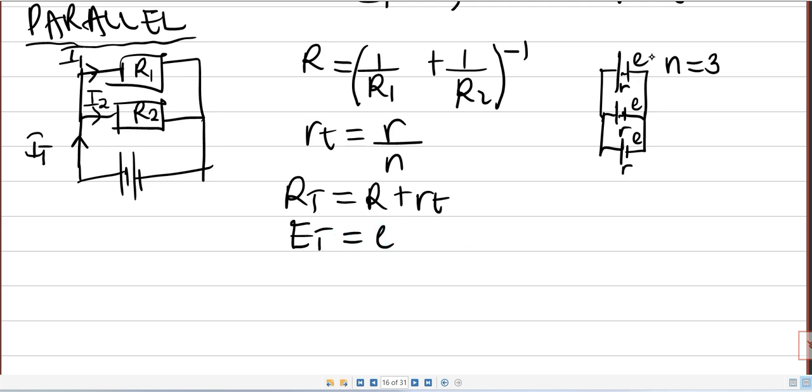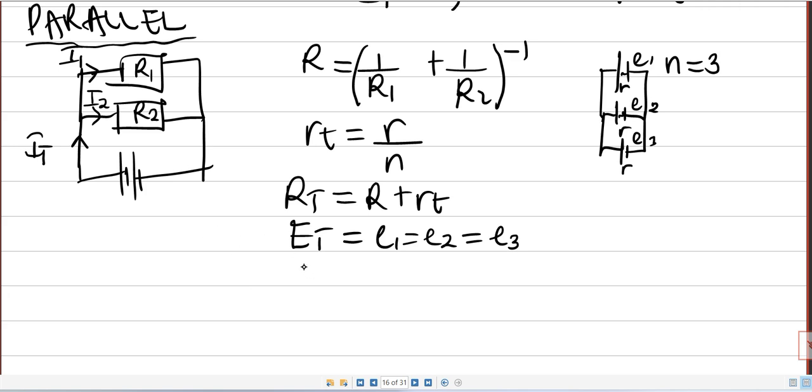If you label these as E1, E2, E3, then E1 is the same as E2, the same as E3. So total EMF in a battery which has cells connected in parallel is the same as the EMF of a single cell.